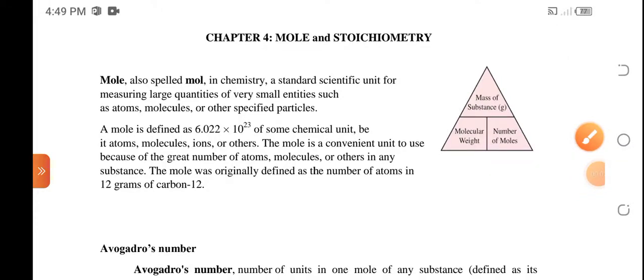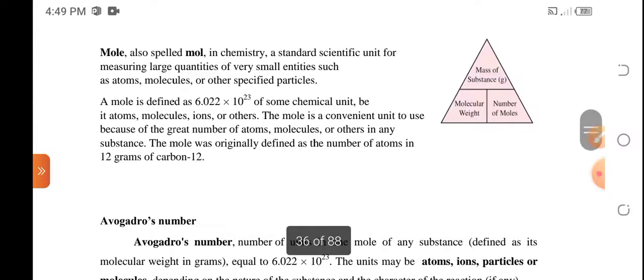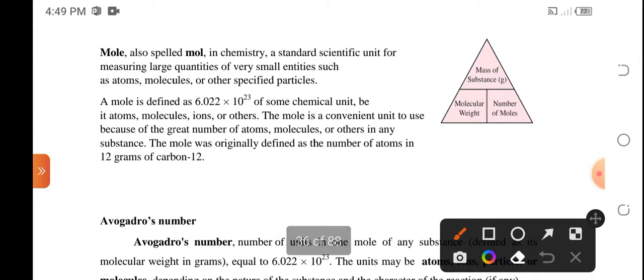Okay, for mole computation, let's have the definition of mole. Sometimes this is spelled as MOL, so mole with the E and MOL are just the same.